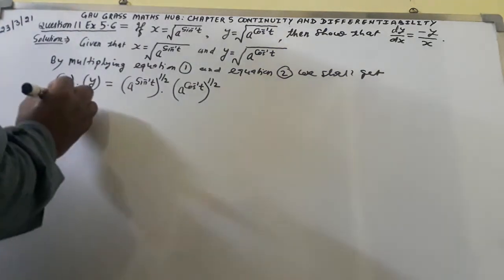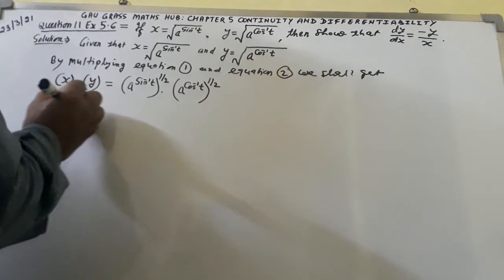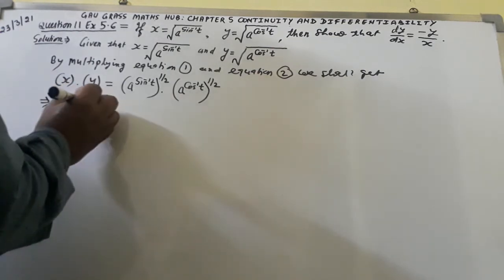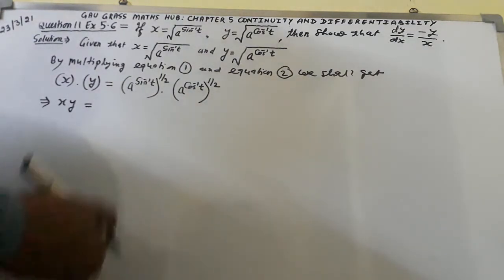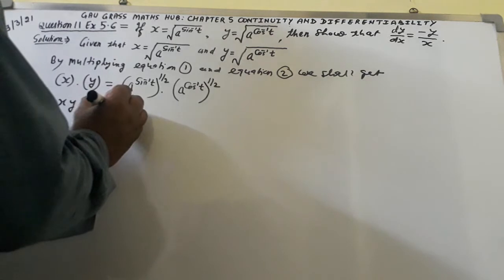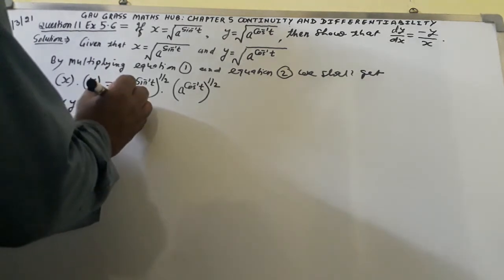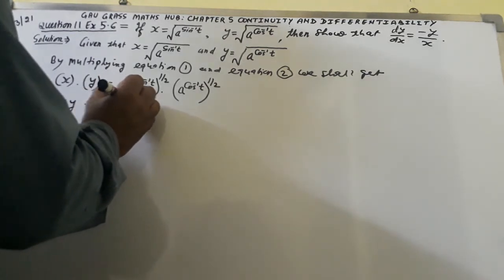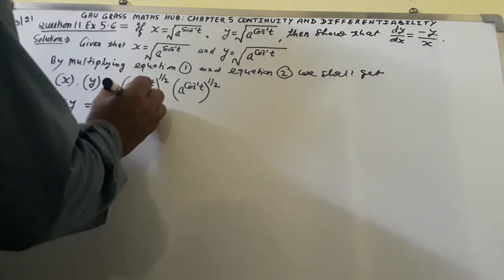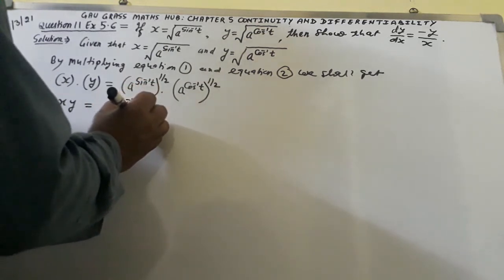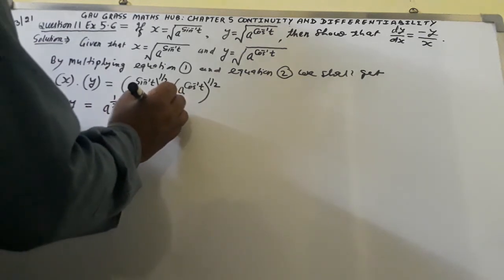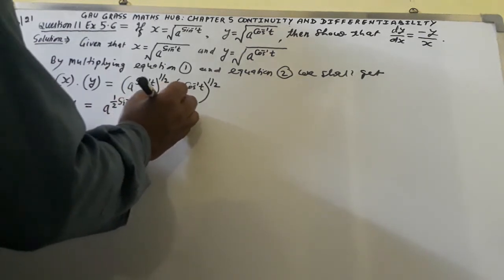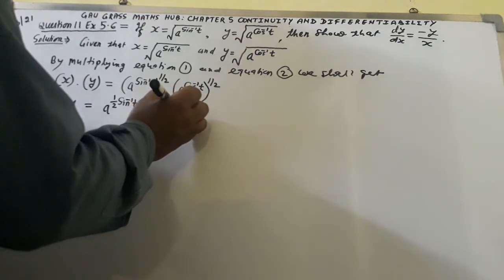So here I shall get, implied that xy equal to a raised to the power 1/2 sin inverse t dot a raised to the power 1/2 cos inverse t.